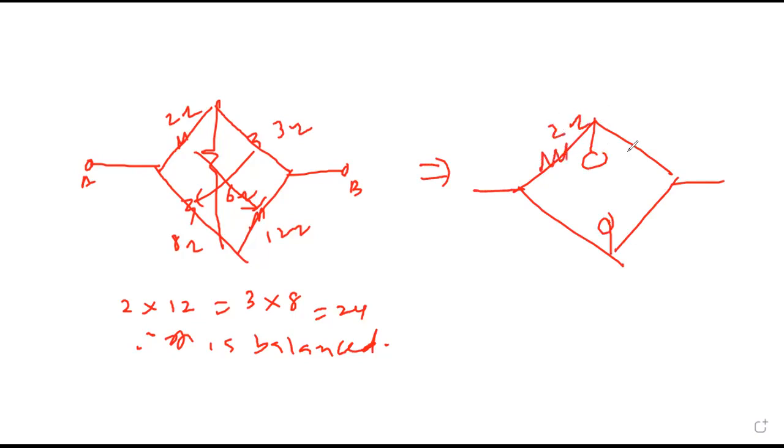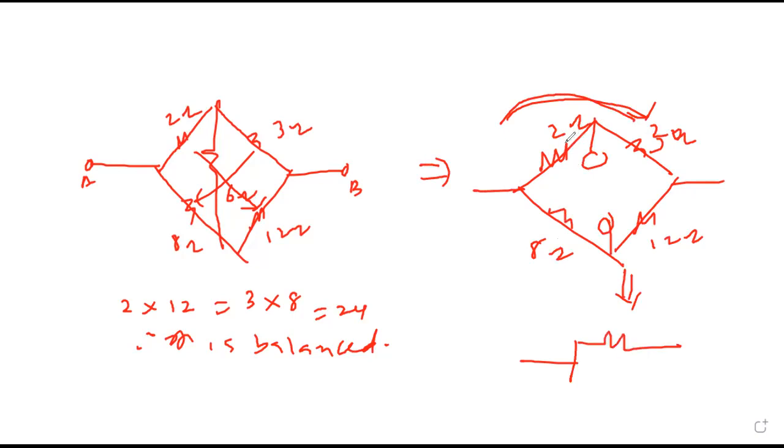So 2 ohm, 3 ohm, 12 ohm, and 8 ohm are connected. Are these two in series or in parallel? This 2, 3. I can clearly see 2 and 3 are in series, so 5 ohm. 8 and 12 are in parallel, 20 ohm.